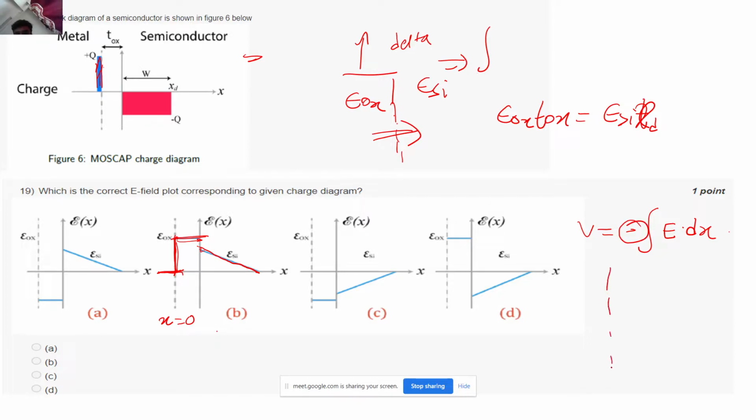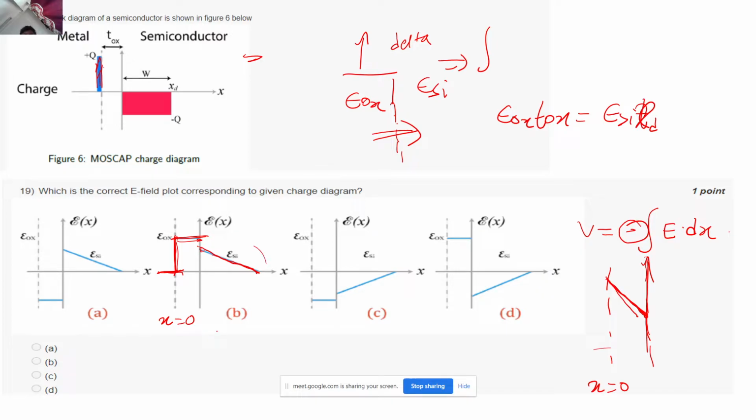If I draw this as x equal to 0, then the unit step function that I had will become a ramp function, correct? Let's say this is another point, the axis point itself. Now after I have this decreasing ramp function over here, I have to again integrate this ramp function that is present in the electric field.